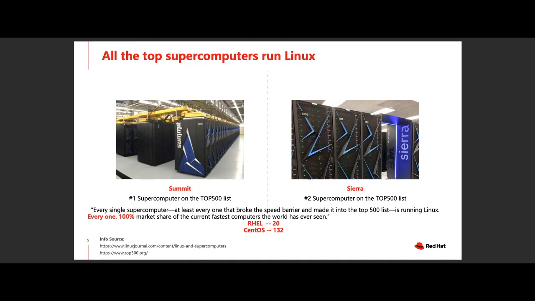That means Red Hat-based distributions are very popular, not just on normal servers but also on supercomputers. That's the latest information from the TOP500. So you can see the importance of the Linux distribution. Next slide, please.